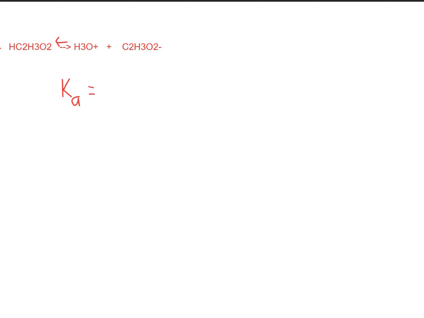When we write our Ka, what goes in the top? We said that the products are going to go at the top. So what are the products if we're dissociating this acid?